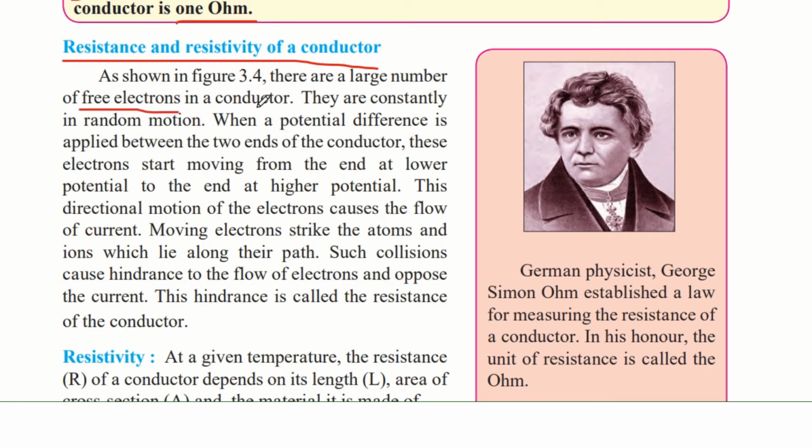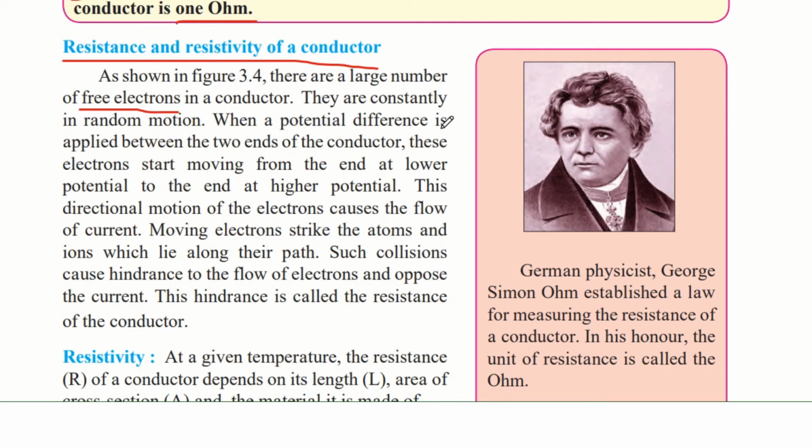As you remember, a metal conductor has loosely attached electrons in the outermost orbit, and because of that these electrons can freely move outside the respective atom, and they were known as free electrons. They are constantly in random motion because they are free.